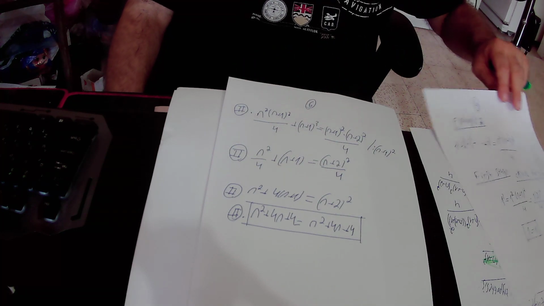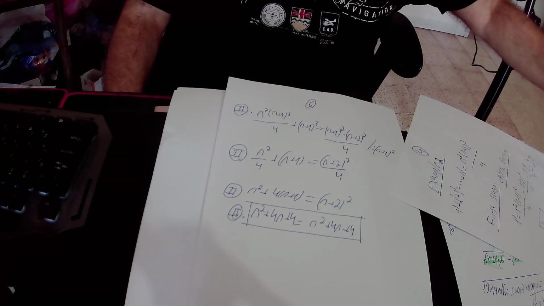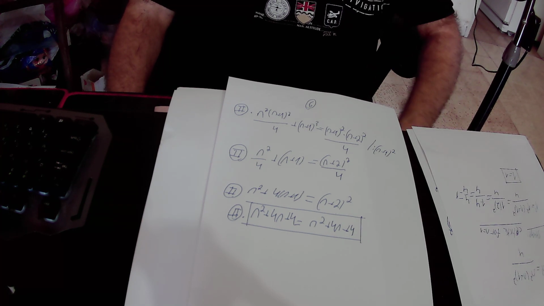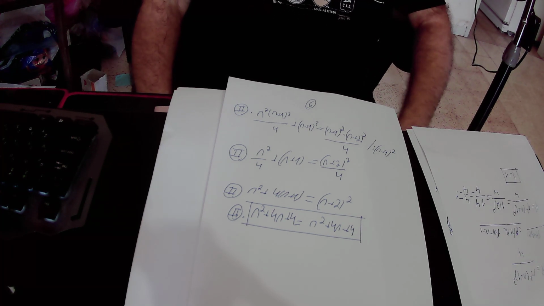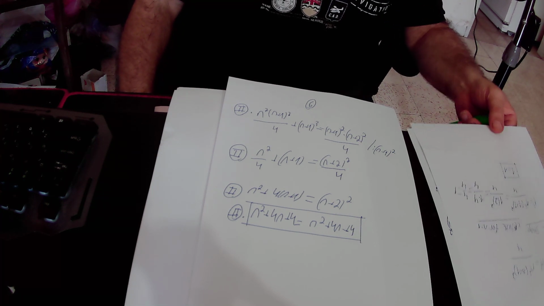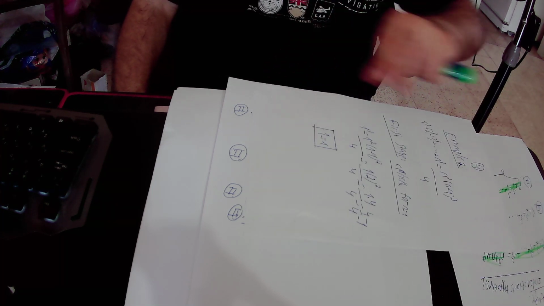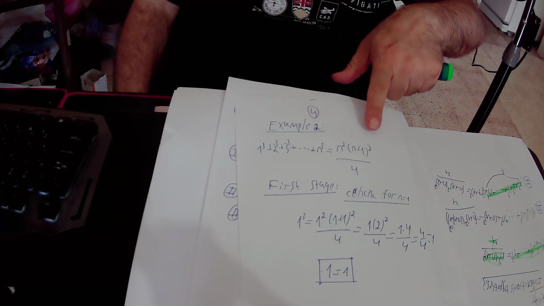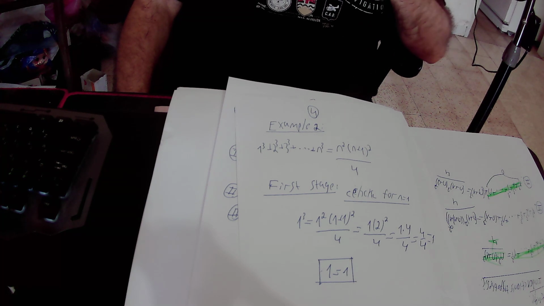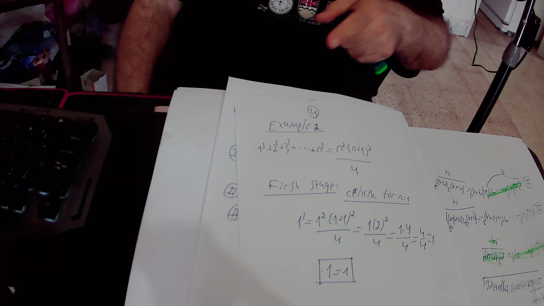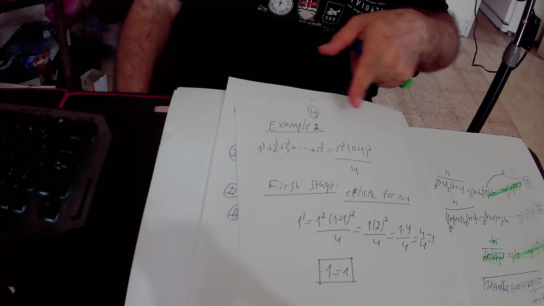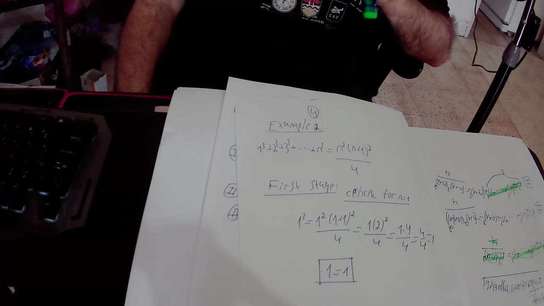Okay, so if we combine both stages, in the first stage we proved that this statement is true for n equals 1, and in the second stage we proved that if this statement is true for n, it must also be true for n plus 1.